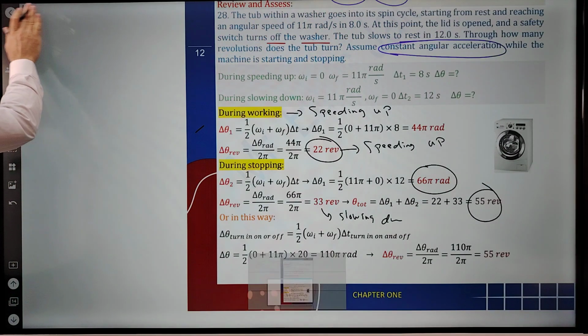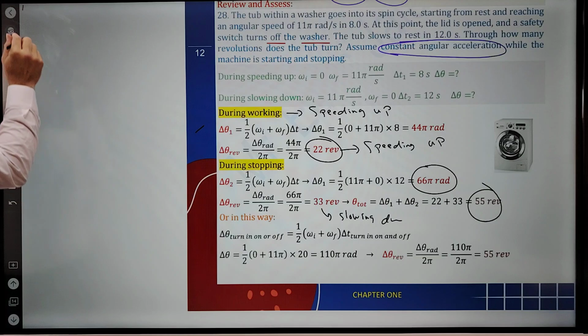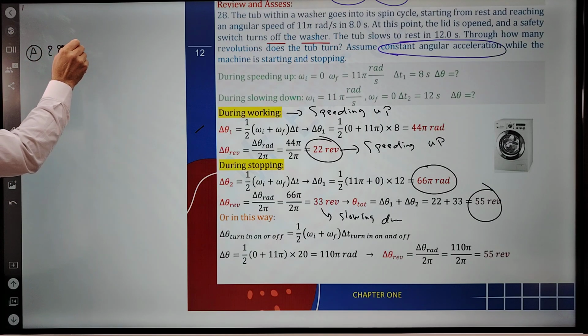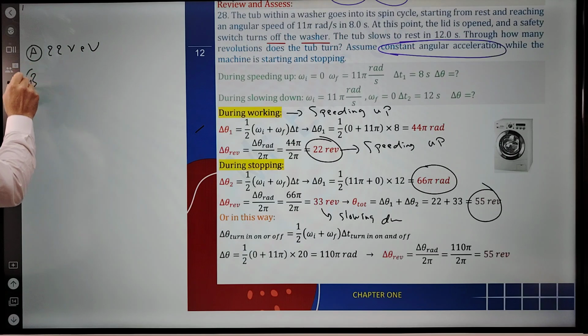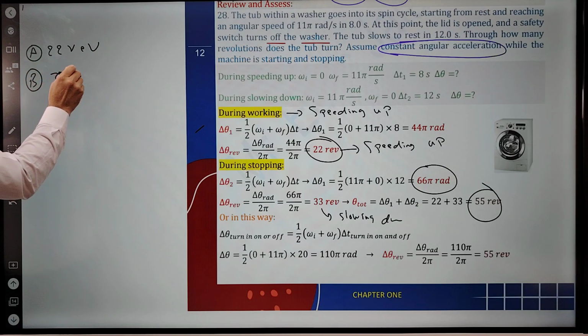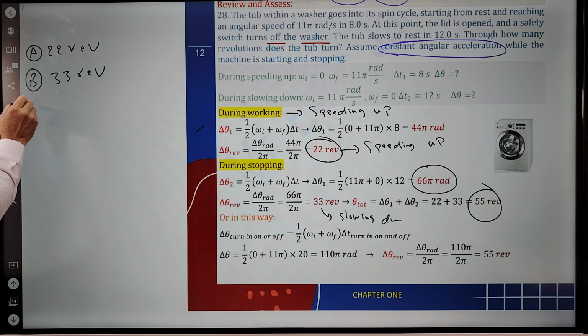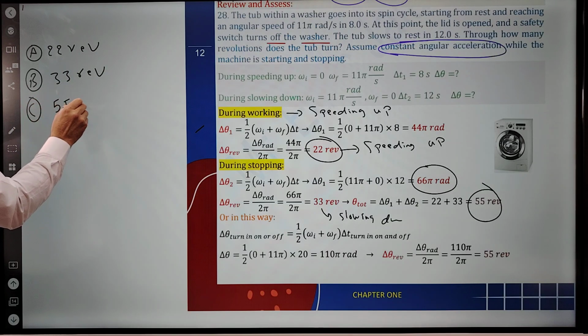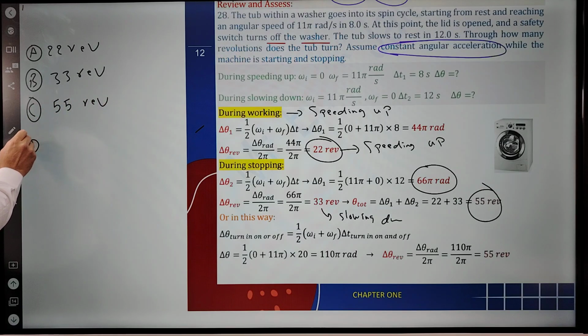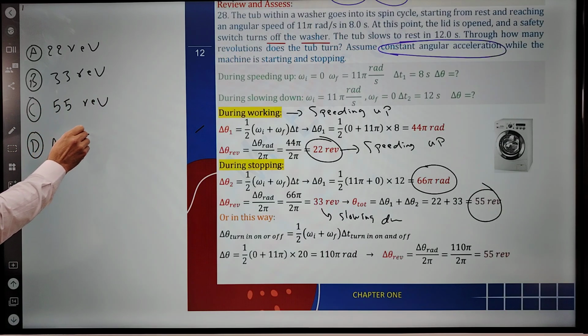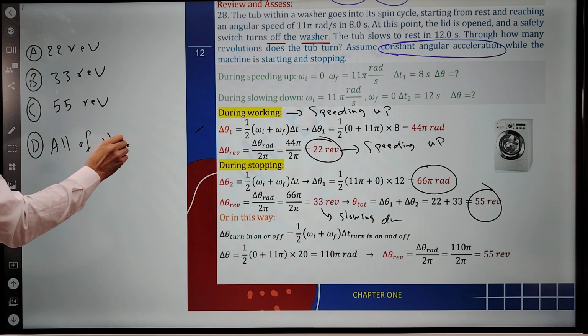So about this question, for example, A 22 rev, B 33 rev, C 55 rev, D all of them.